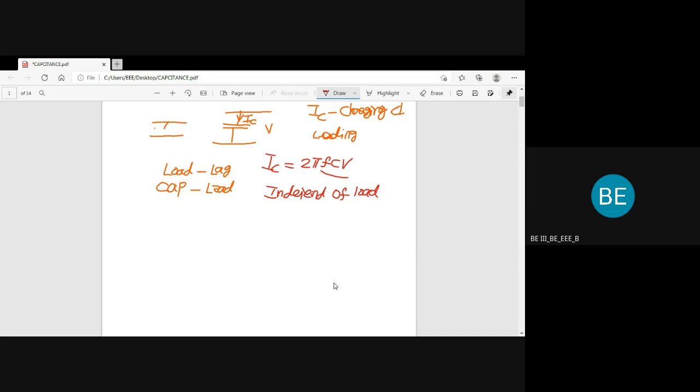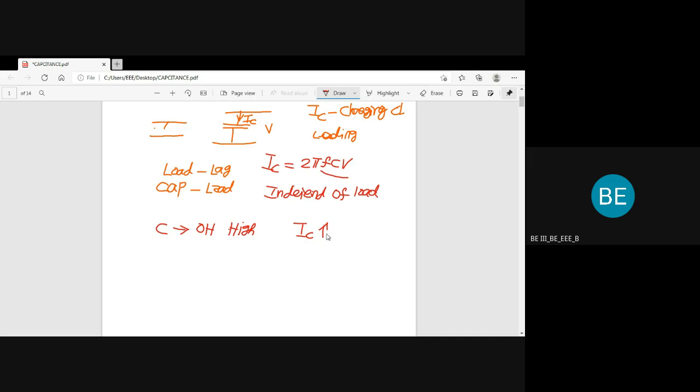Right. What will happen if the capacitance of an overhead transmission line is high? If the capacitance is high, the charging current drawn by your transmission line will be high.